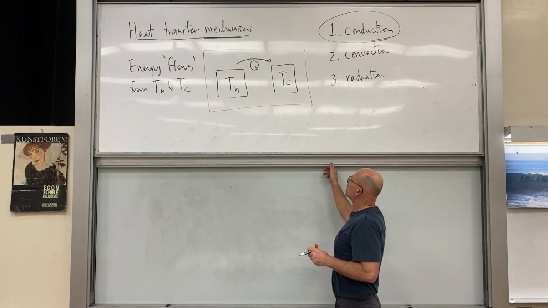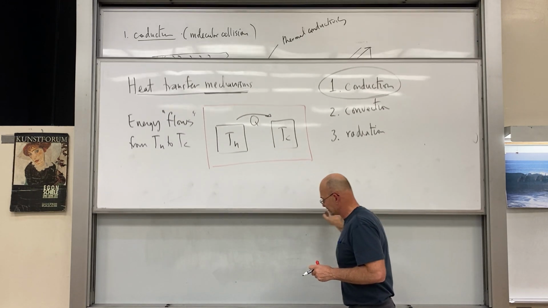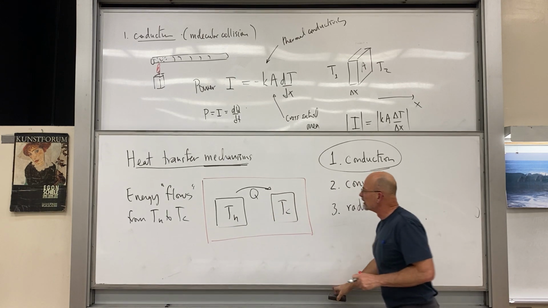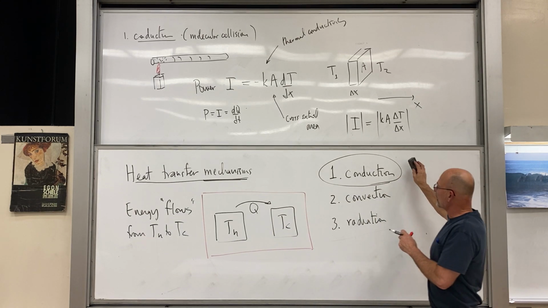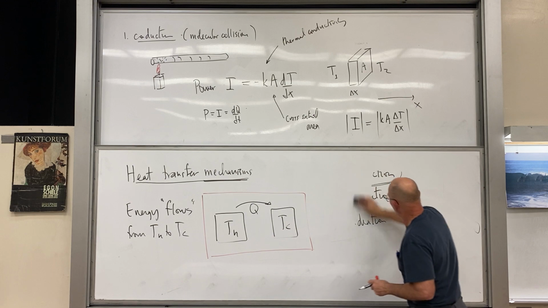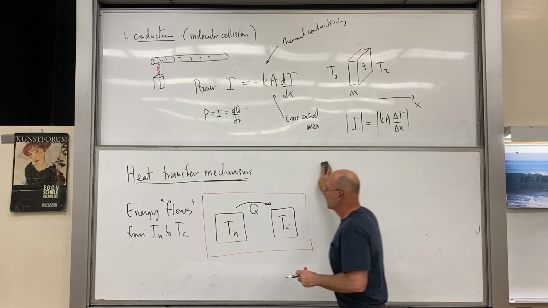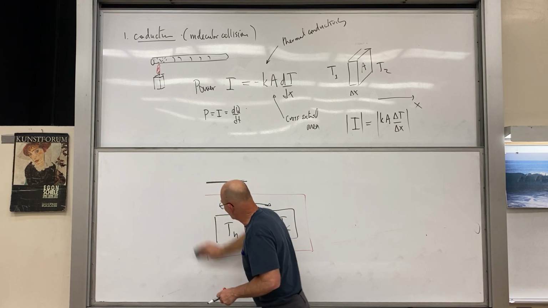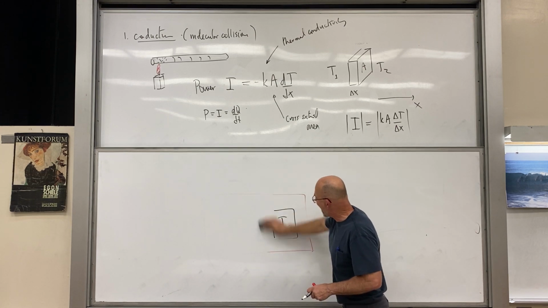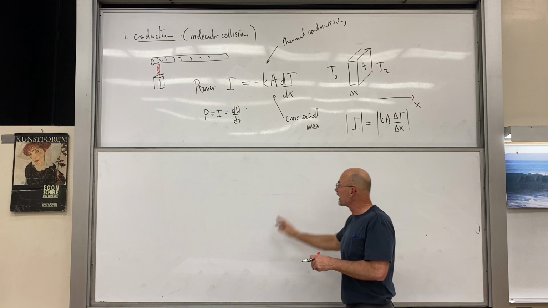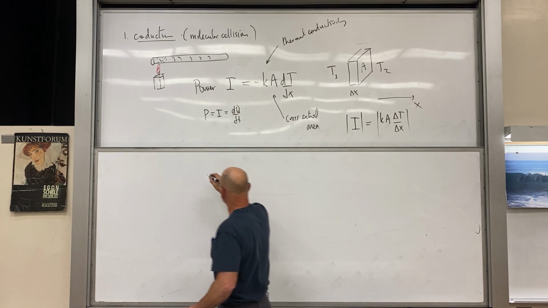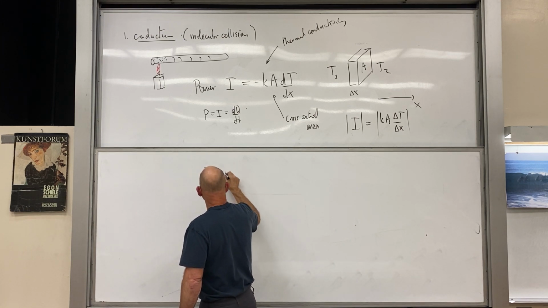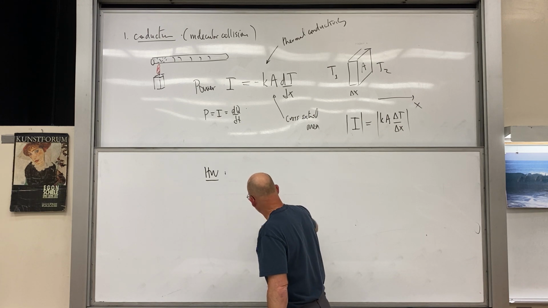So we'll use that formula, and let me describe it first. The idea is that instead of a slab with a cross-sectional area, let's call this homework problem, and I'll assign it.